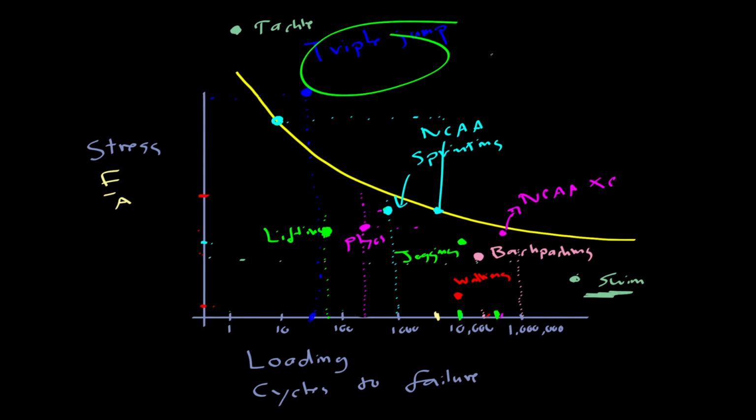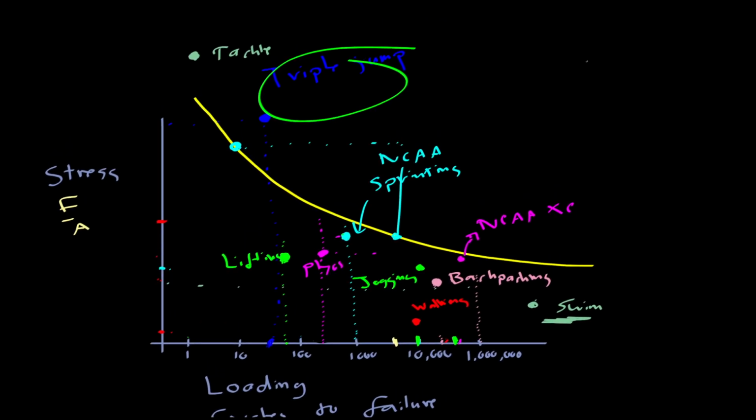So the math of how this works out is a little bit more complicated than I want to get into right now. But for example, for bone or for tendon, if the force goes up by 2 times, the number of cycles to failure will decrease by a factor of about 128, roughly.